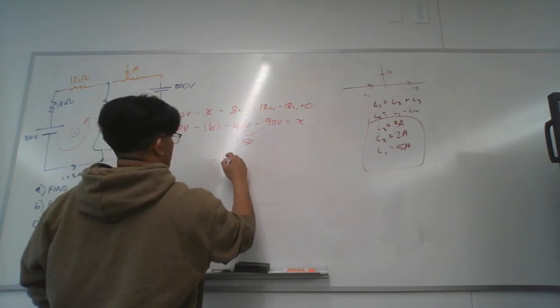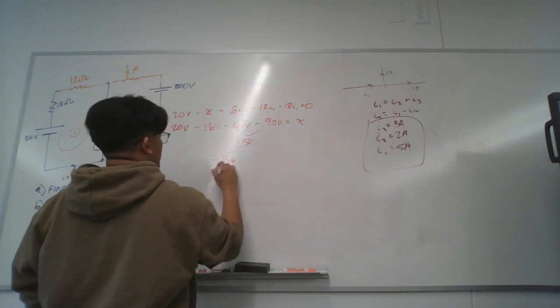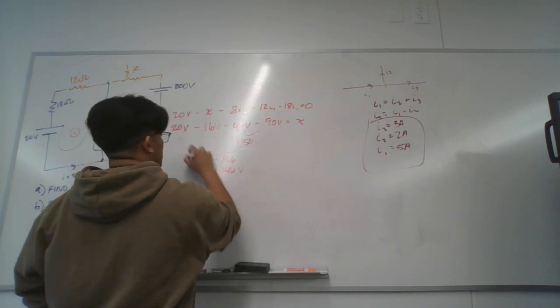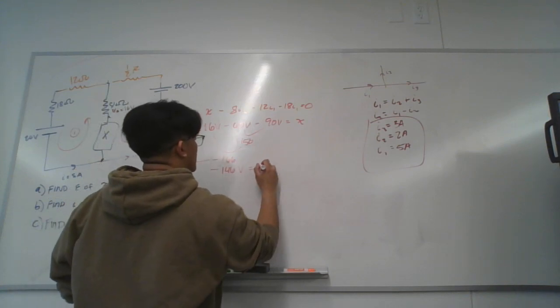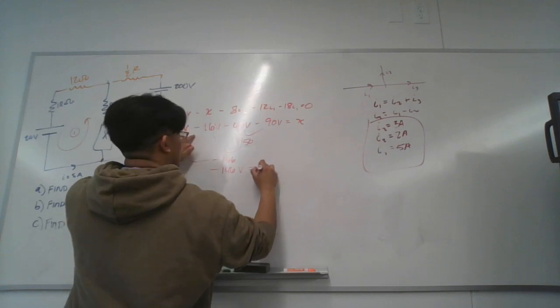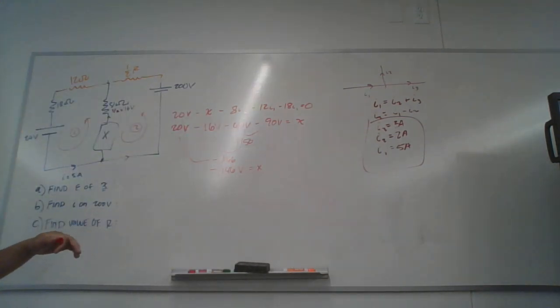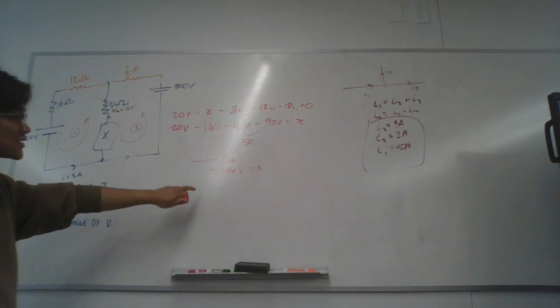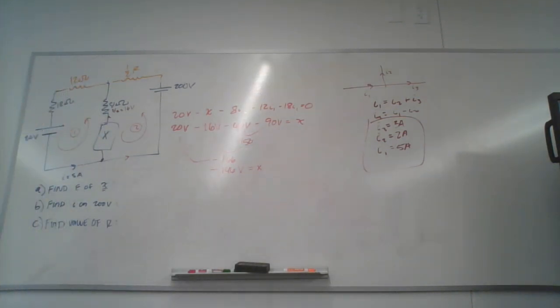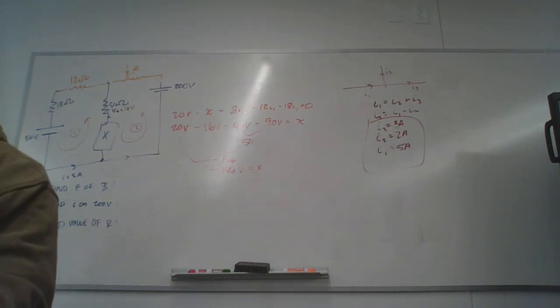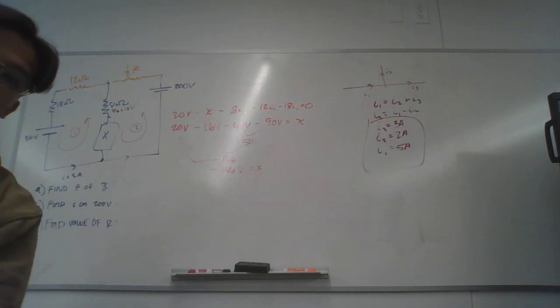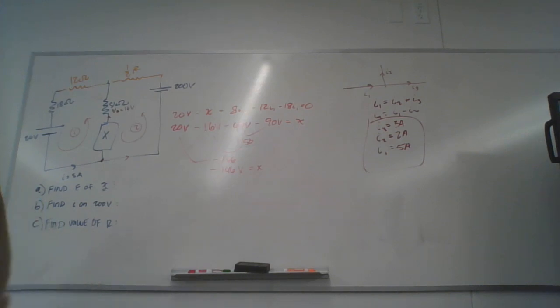Minus 166. We have minus 146 volts equals, it should be x. So it's minus 146 volts, which is weird. Actually, it's not weird. That means that our battery is going the opposite way of the current. So basically, it's what it's saying.